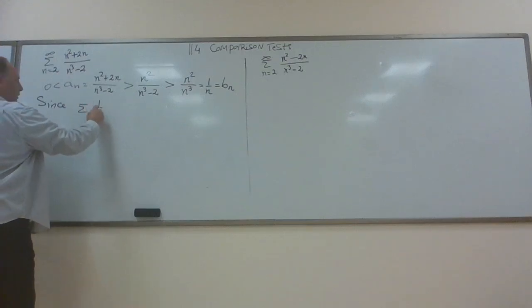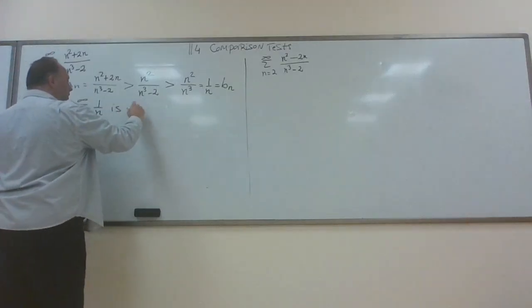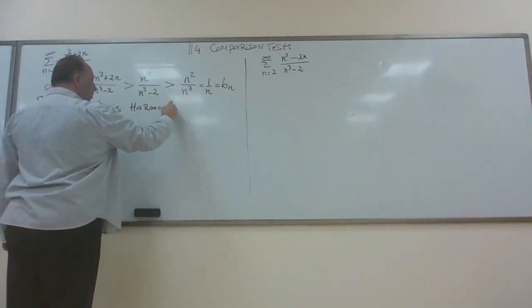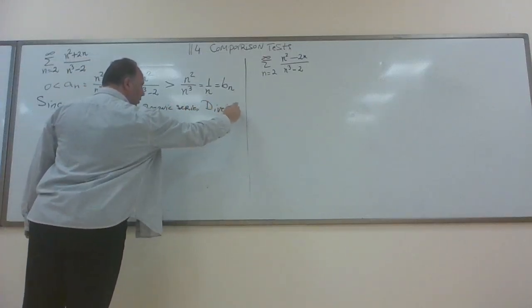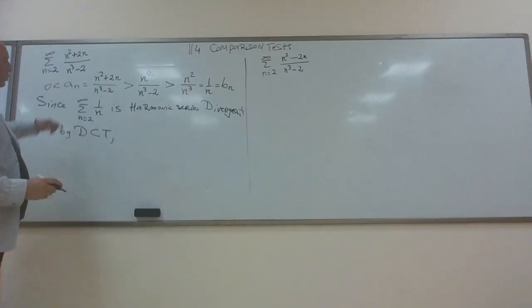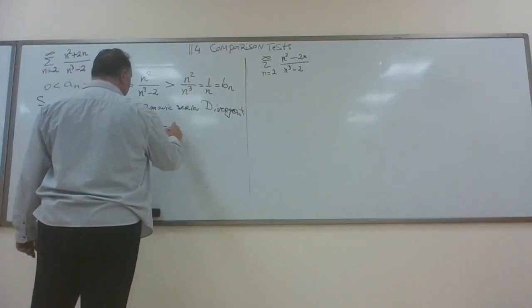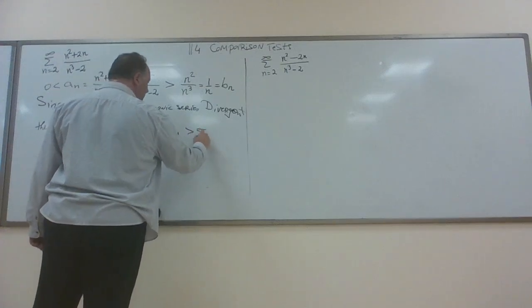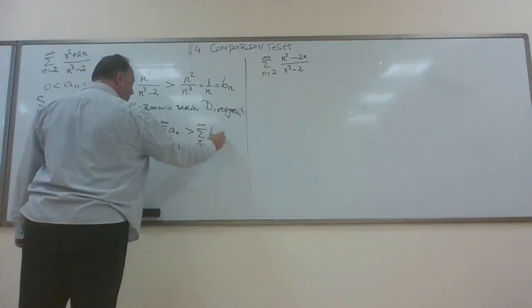So since this series here is a harmonic series, divergent, right? It is a p series with p equal 1, so it must be divergent. Then by direct comparison test, since this one is bigger, so a_n is bigger than b_n, right?